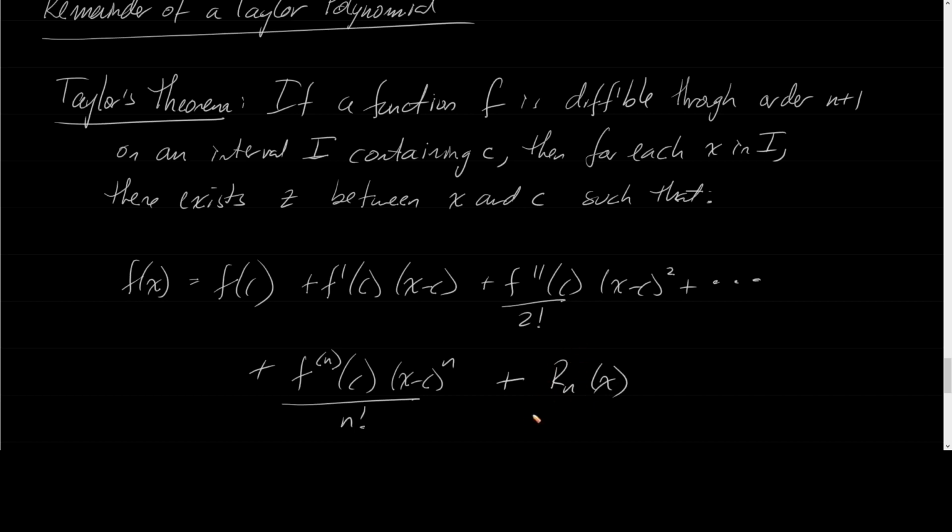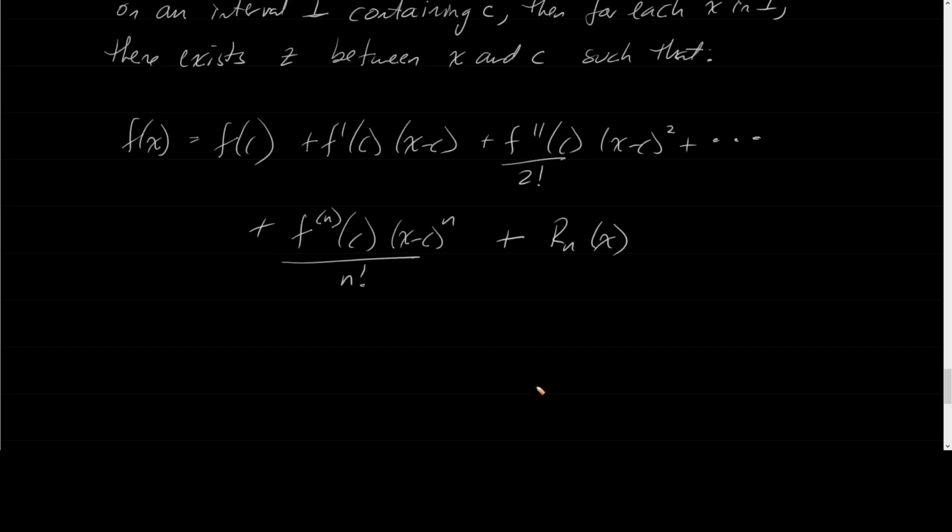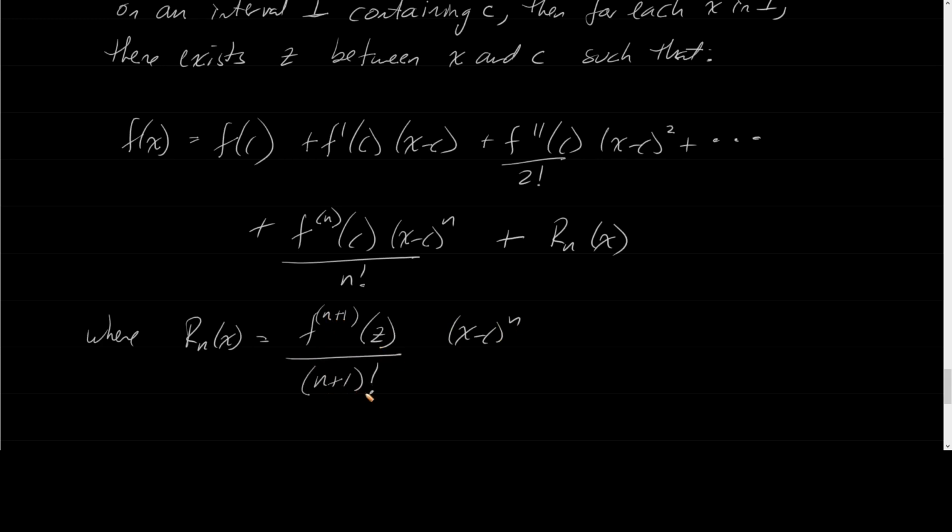So in there we can figure out just how far off we're going to be. So in here, r sub n of x, and again it represents a remainder, is equal to the nth derivative evaluated at z times x minus c to the n plus 1 over n plus 1 factorial.